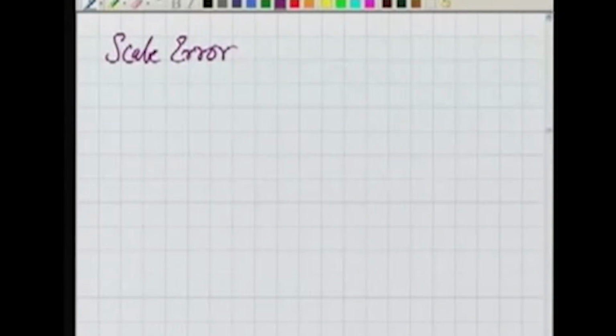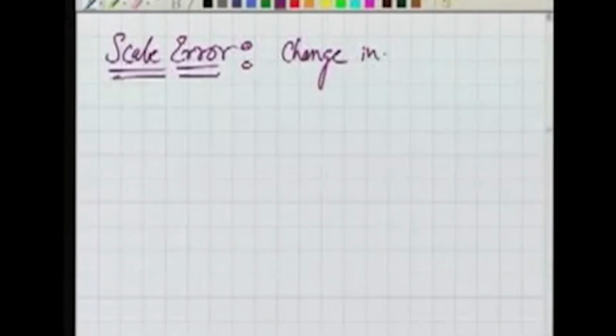Now the third error is scale error. Now what is the scale error? This is basically because of change in modulation frequency.